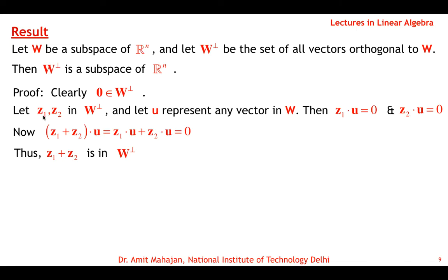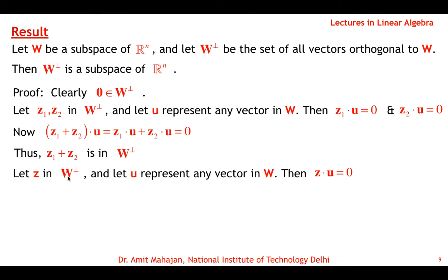So clearly for any two vectors z1, z2 in W perpendicular, the sum z1 plus z2 is also in W perpendicular. Now we have to prove that for any vector z in W perpendicular, the scaled vector, a constant times z, is also in W perpendicular.